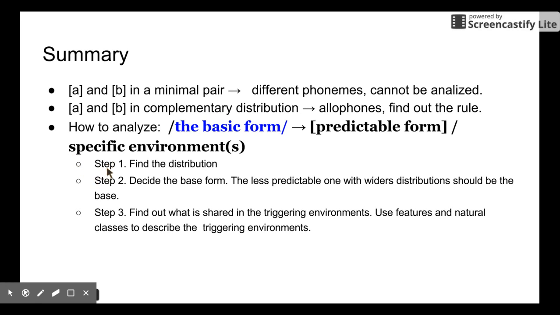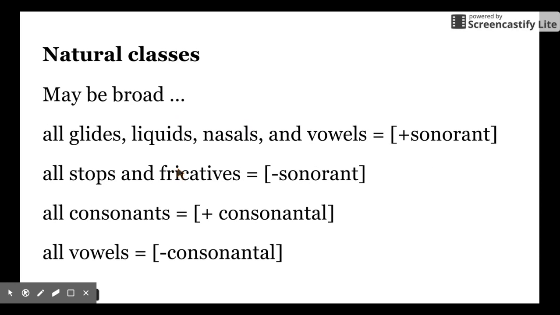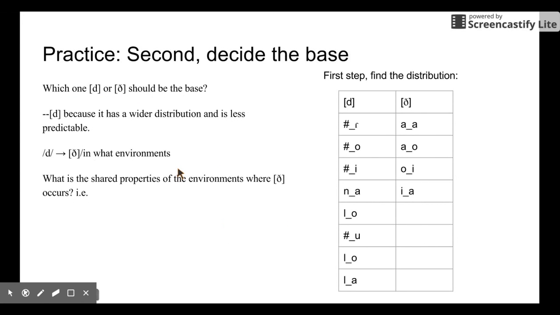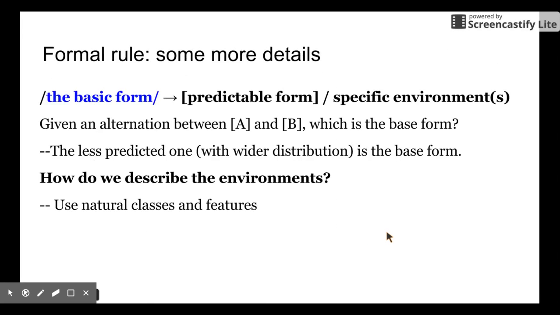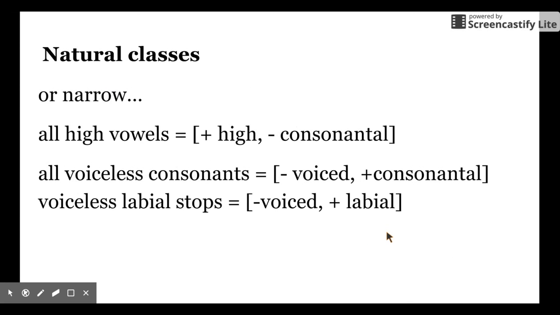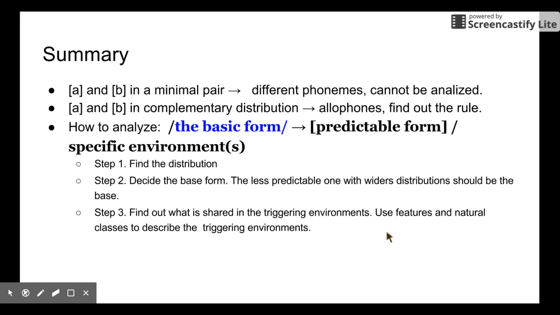So there are several steps. First is to find out the distribution using a table, using something like this one. And then we need to decide the base form.